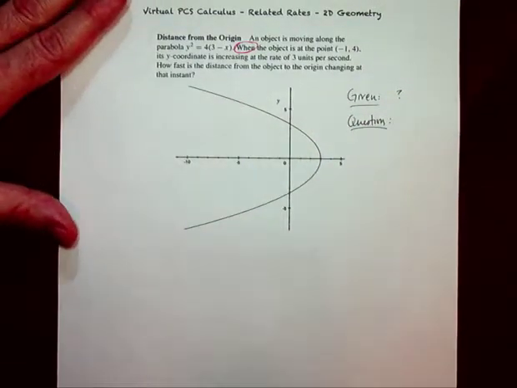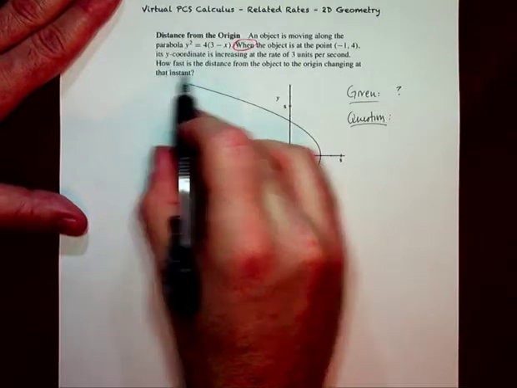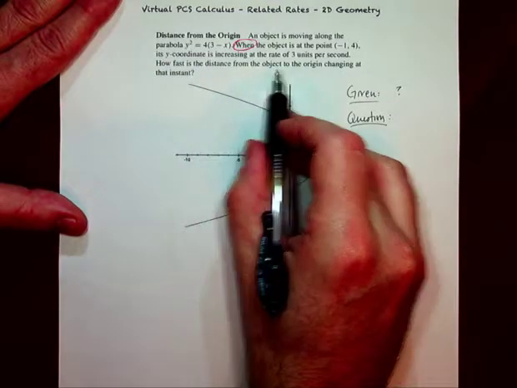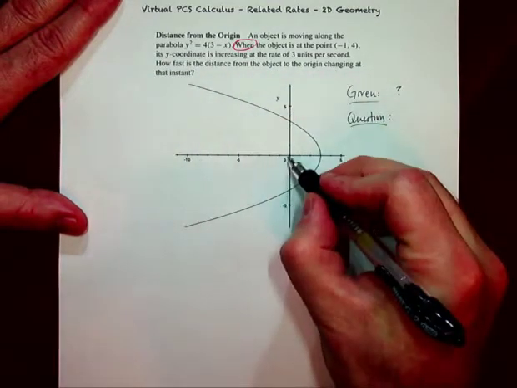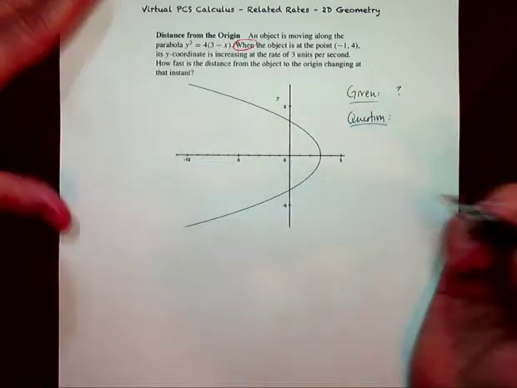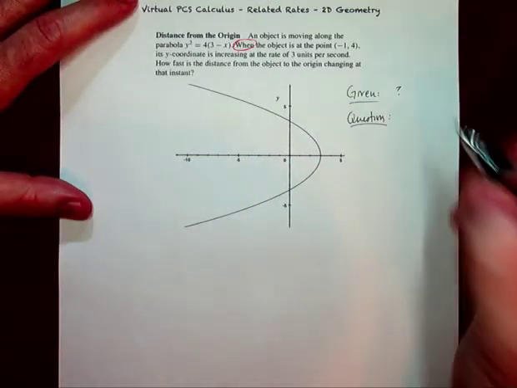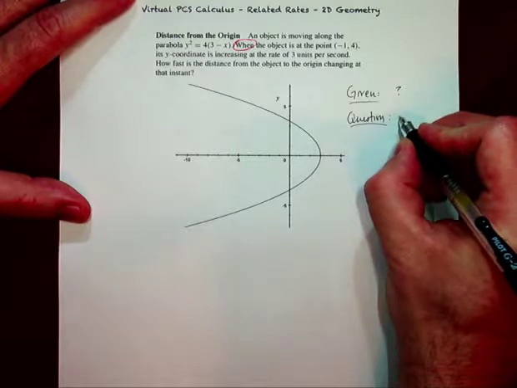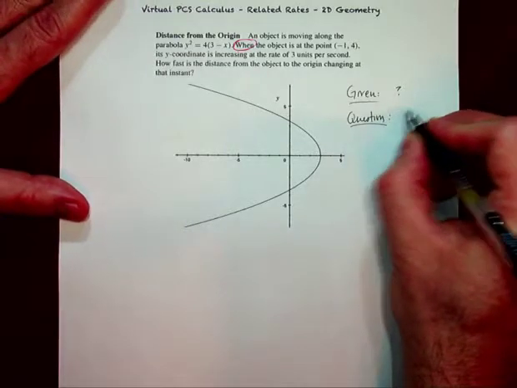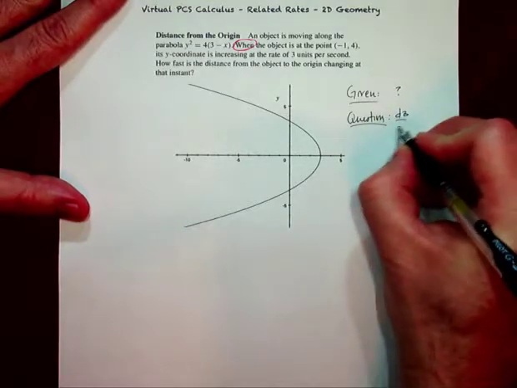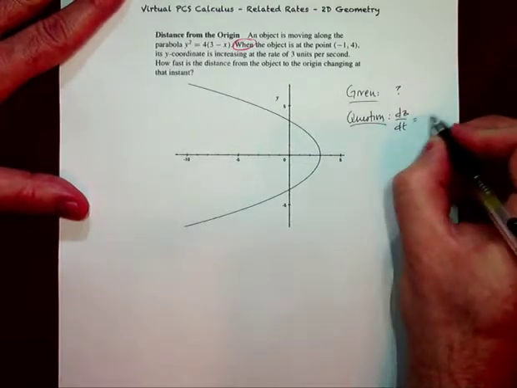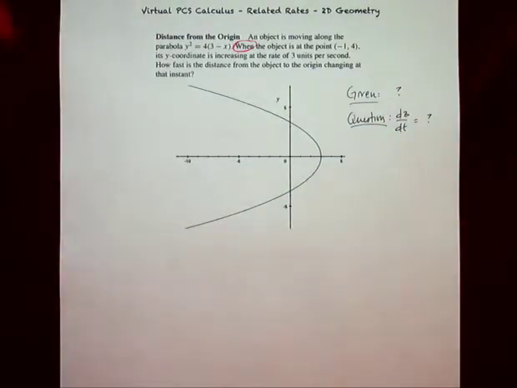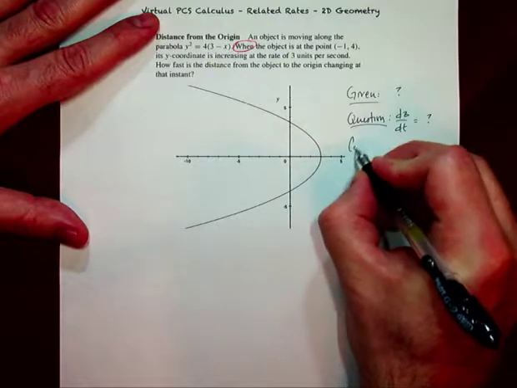But it's asking how fast is the distance from the object to the origin changing. So again, it's going to be origin to your xy coordinate. So it's looking for, and this time let's use z for it, what is dz/dt? We'll use z as the distance variable, and the conditional.